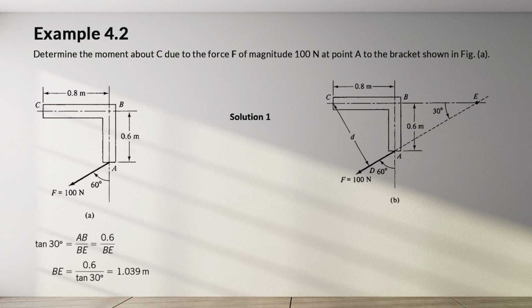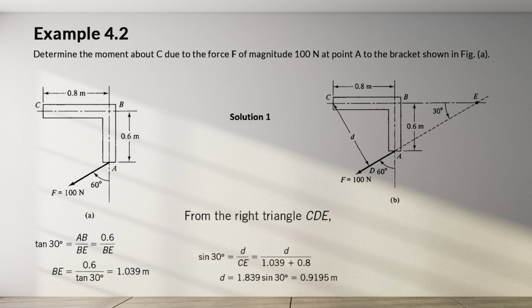From the right triangle ABE, we use the tangent of 30 degrees equals AB divided by BE, which equals 0.6 divided by BE. BE equals 0.6 divided by tangent 30 degrees, which equals 1.039 meters.